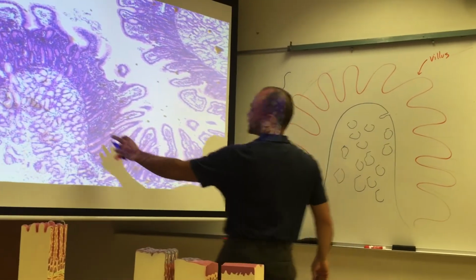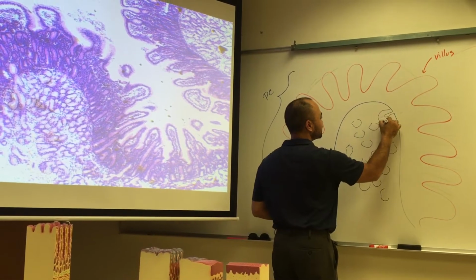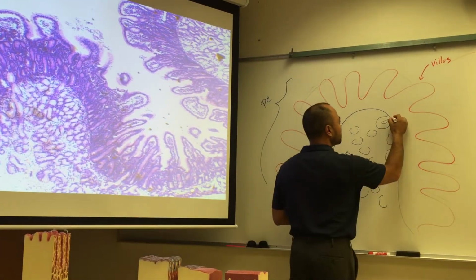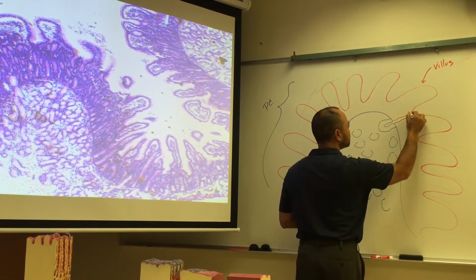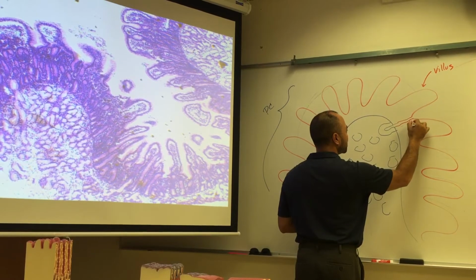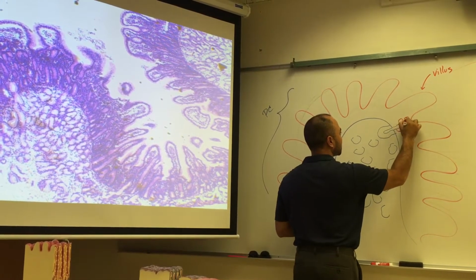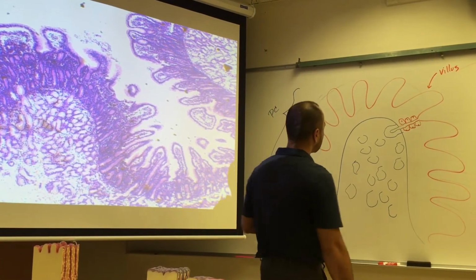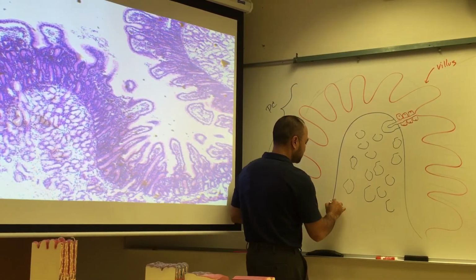So what you're going to get are some of these little glandular structures that do this, and they'll form, guess what? More of these little tunnels that'll come out to the top. So there's cells that make up this guy too. There would be a muscular strip right here.